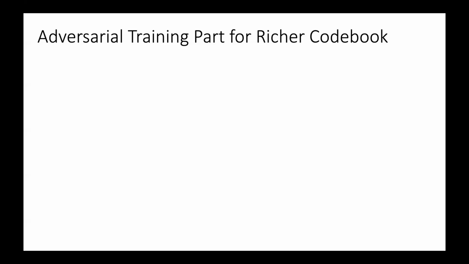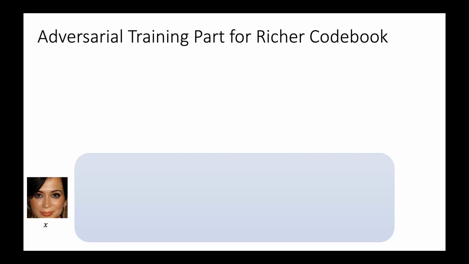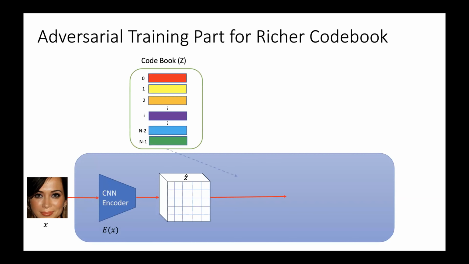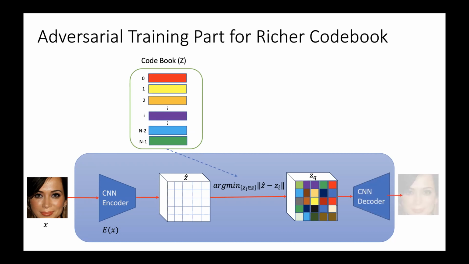For training a richer codebook, they introduced a third network, named the discriminator, to train adversarially and get the best codebook possible. So they did the same procedure, and they added a third network, which is the CNN discriminator.